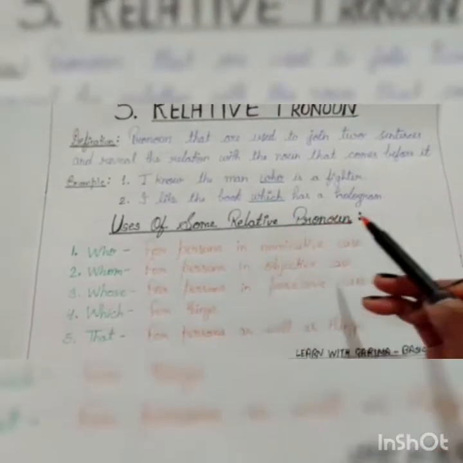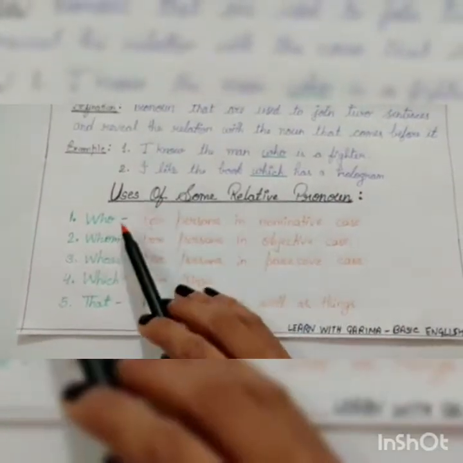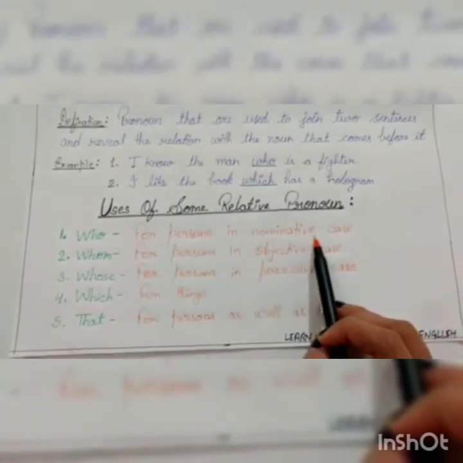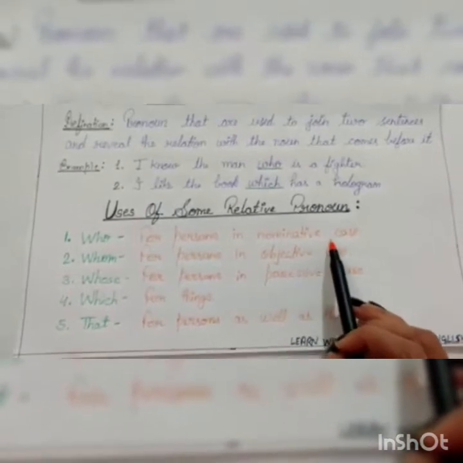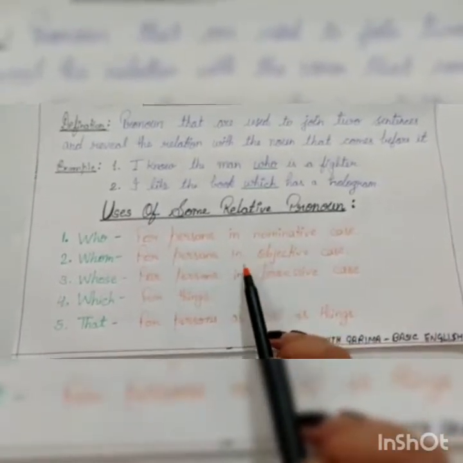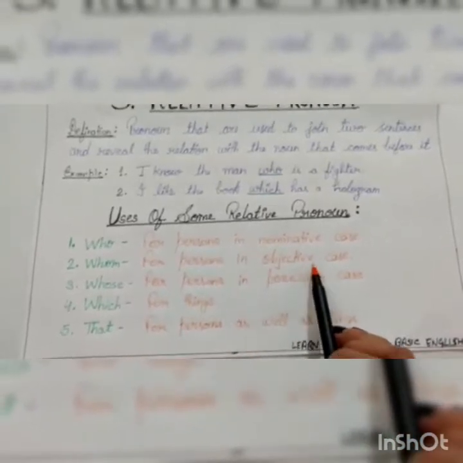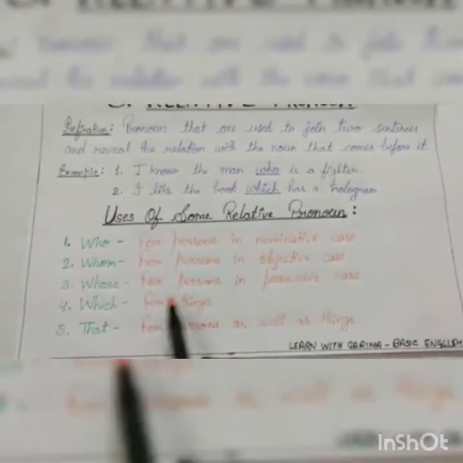We have some uses of relative pronouns here. First is who. Who is used for persons in the nominative case, which means it is used for a person who is doing something. Next is whom. Whom is used for a person in the objective case, which means it is used for the person who is used as an object in the sentence.